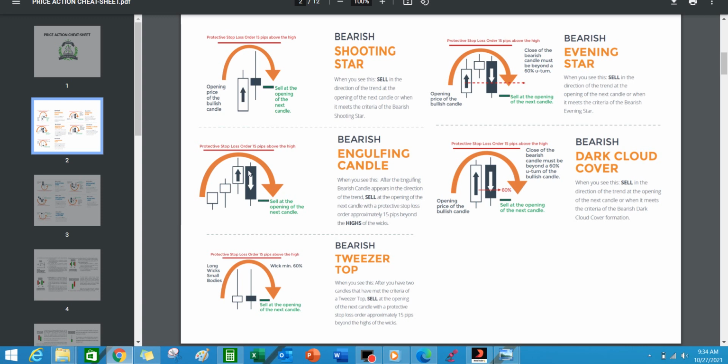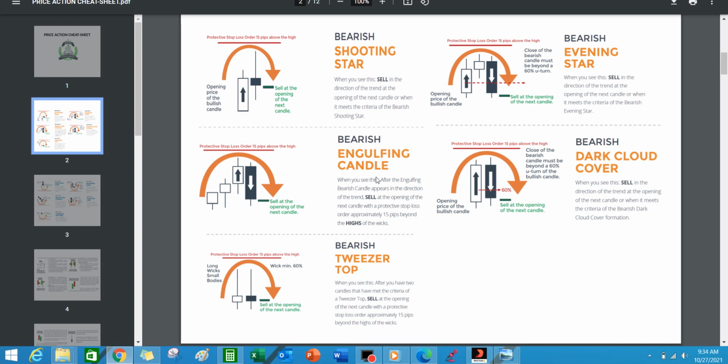Not on this one, because you need this to be fully formed before you can say that this pattern has been formed. Once the pattern has been formed, then definitely you should know that the next candle you should start selling from there. So that is how it works. Let me quickly read what I have here. Bearish engulfing candle.